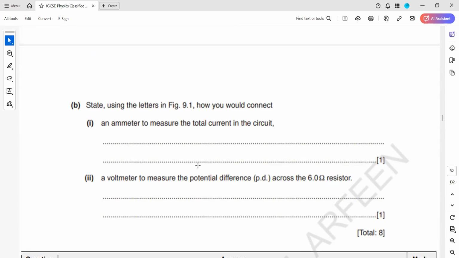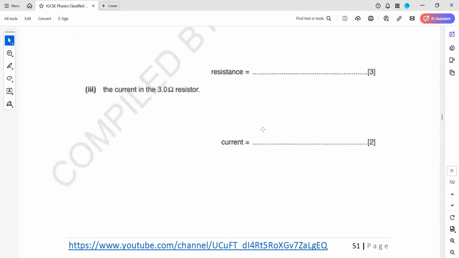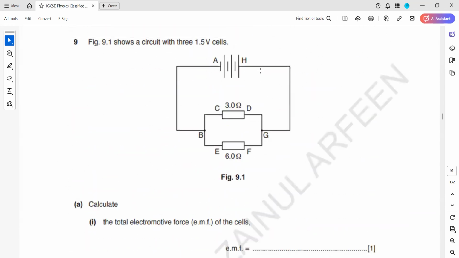Next, a voltmeter to measure the potential across the 6 ohm resistor. I want to measure the voltage across 6 ohm. So I can connect between EF, and I can connect between BG as well. They have the same voltage. They are in parallel.